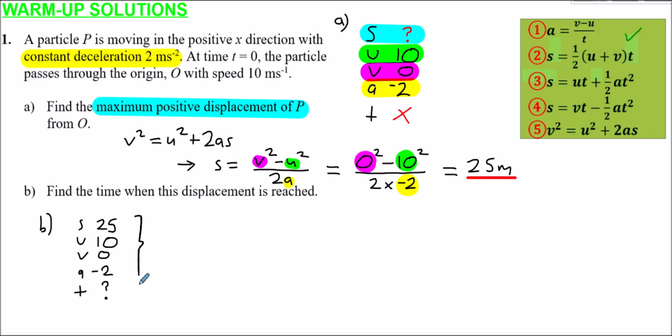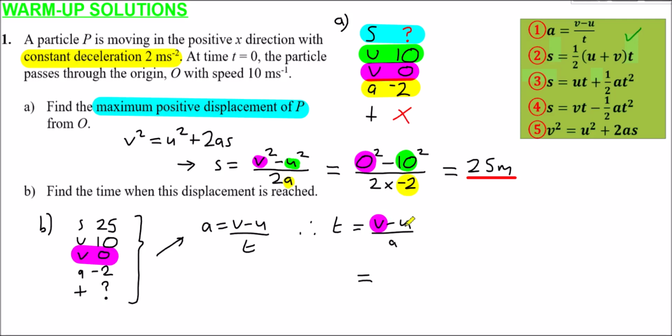So what we can use here is A equals V minus U over T. If we rearrange this, we see that the time is going to be V minus U over A. In our case, V is 0, the initial velocity is 10 and A is -2.